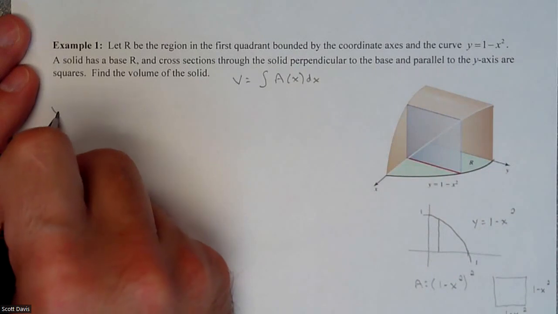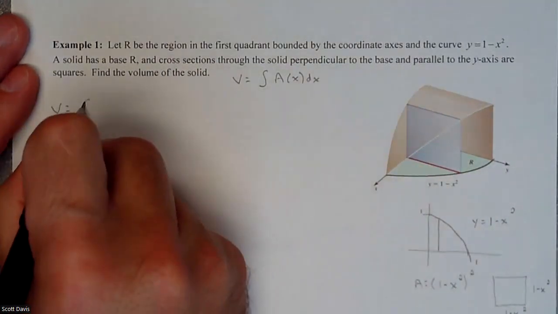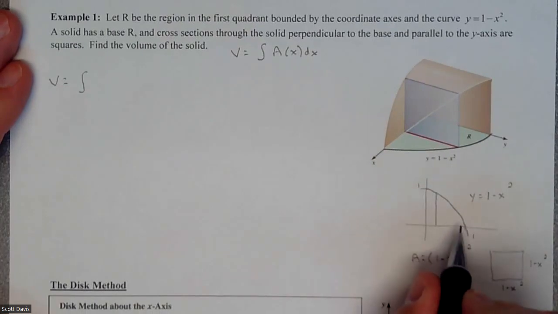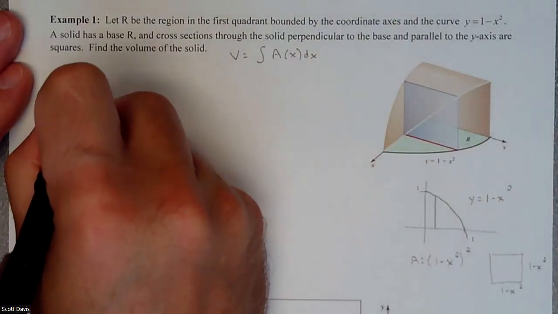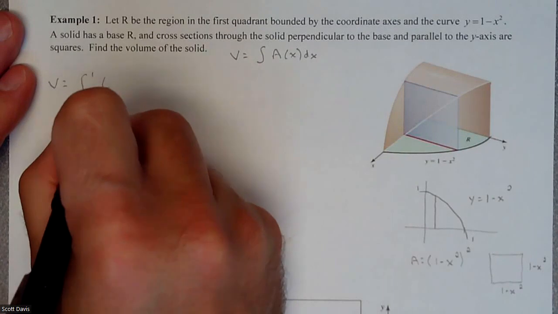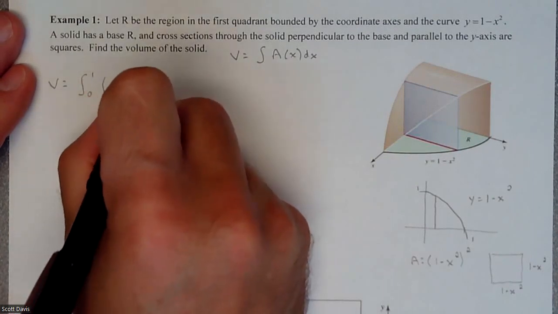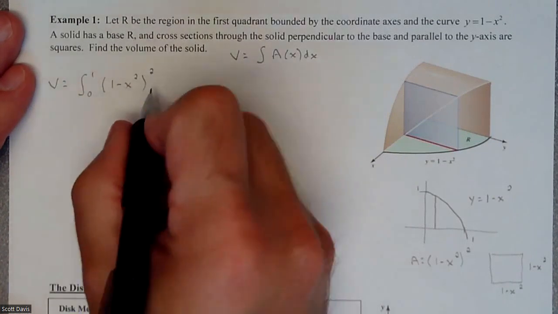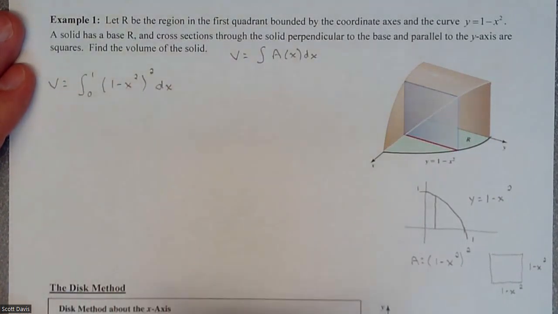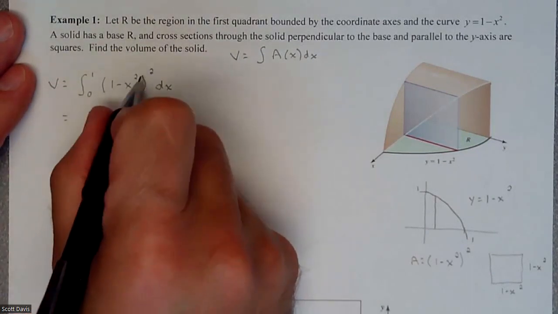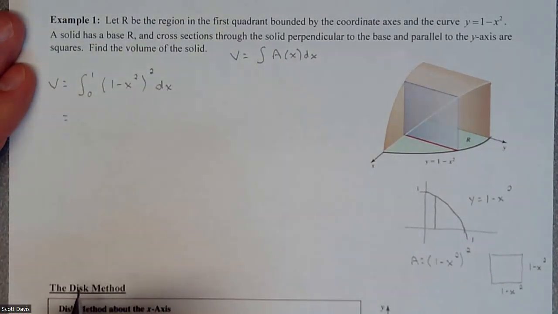So our volume is going to be the integral from 0 to 1, and our area formula is (1 minus x squared) squared, because it's length times width. For the math on this, I am going to go ahead and multiply this out because I think that's going to be a little bit easier.